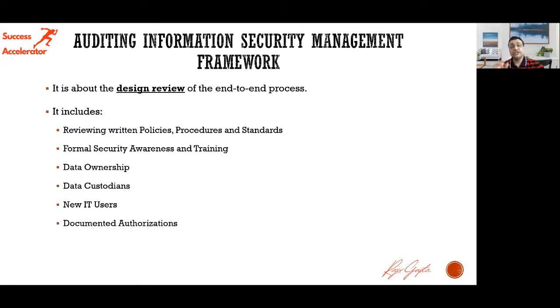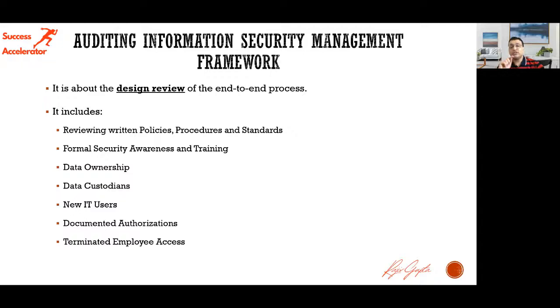Documented authorization means whatever approvals the data owner has given have to be documented and properly archived, because depending upon the country and the regulation, these records have to be maintained for X number of years. So they have to be documented and archived that way.